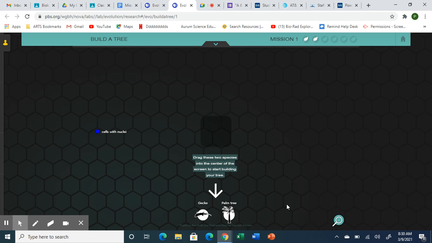And it says, drag these 2 species into the center of the screen to start building your tree. All right, so here I go, palm tree, gecko. Now they are side by side. Palm tree, gecko. Oh, did I not move it in the right place?